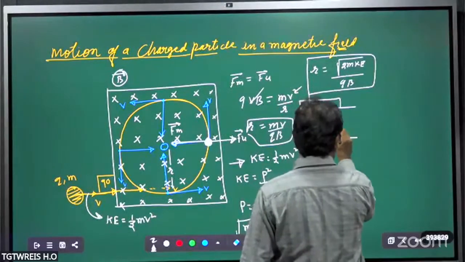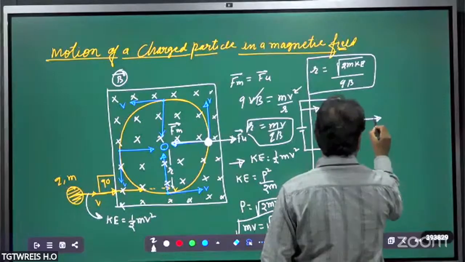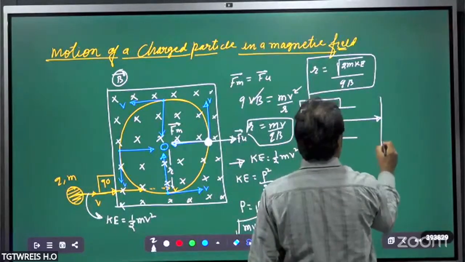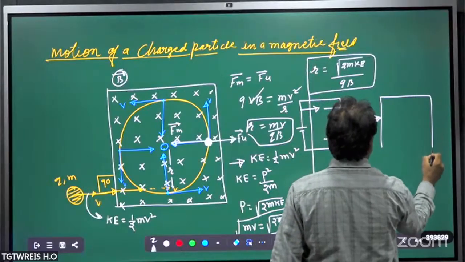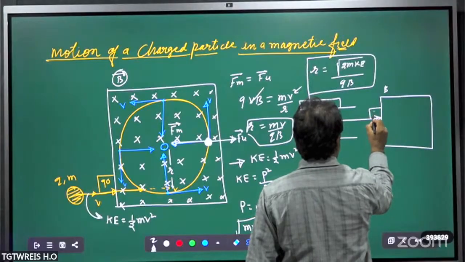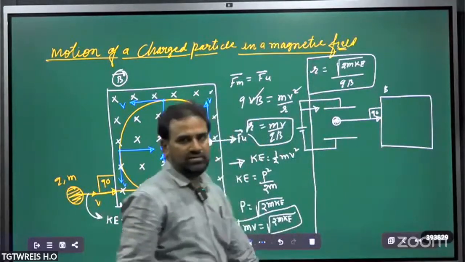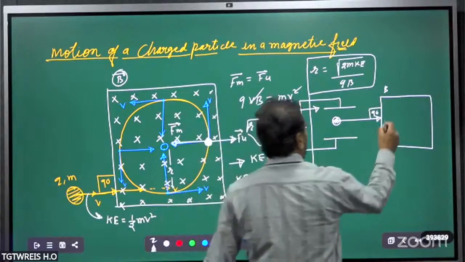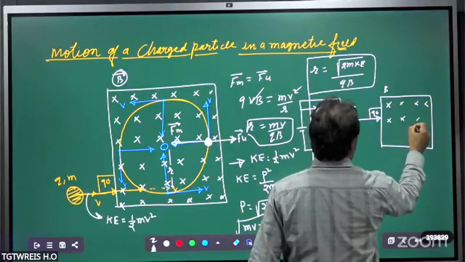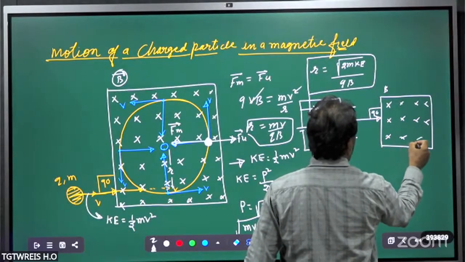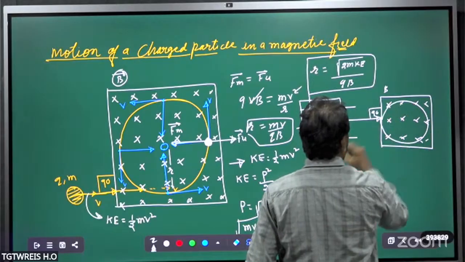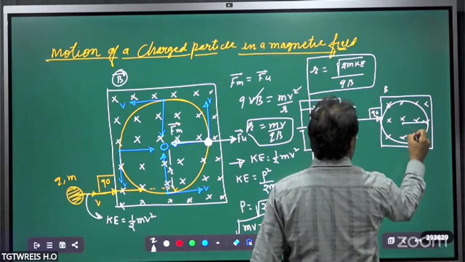When the charged particle is accelerated through a potential difference and enters in a magnetic field of induction B, perpendicular to the direction of the field, the field would be acting in this direction. The charged particle moves in a circular path in the field with a radius r.